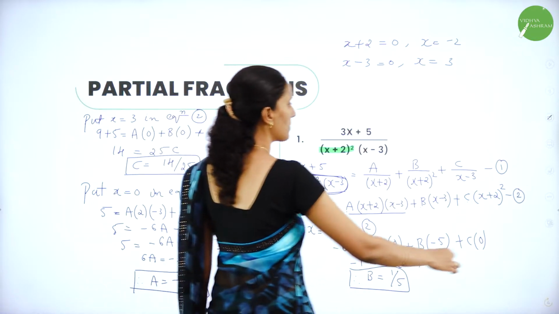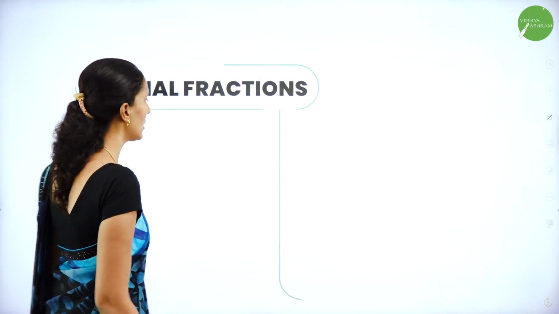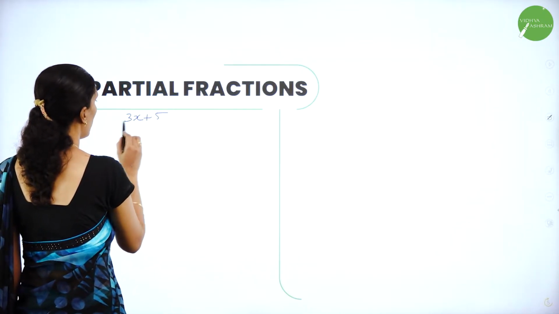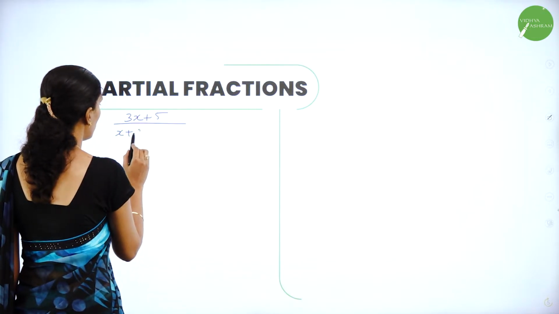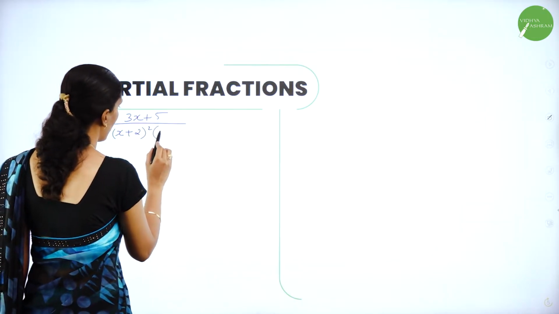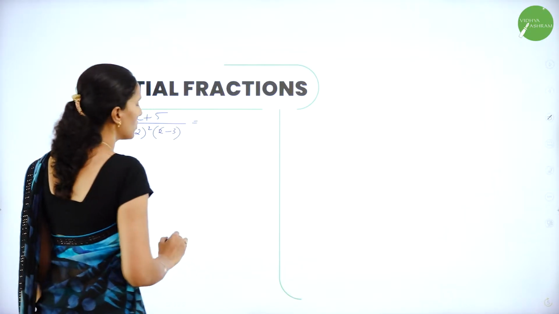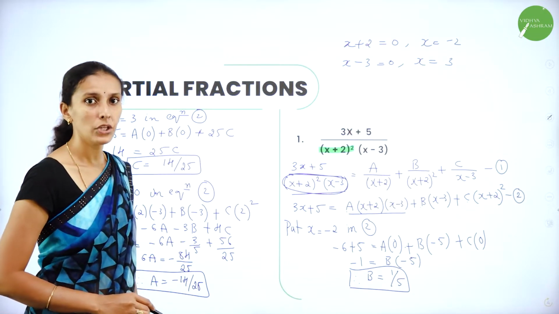Just substitute the values in equation 1. So what will I get here? I'll get (3x plus 5) whole divided by (x plus 2) whole square (x minus 3) is equal to, what is the value of a you got? Minus 14 by 25.